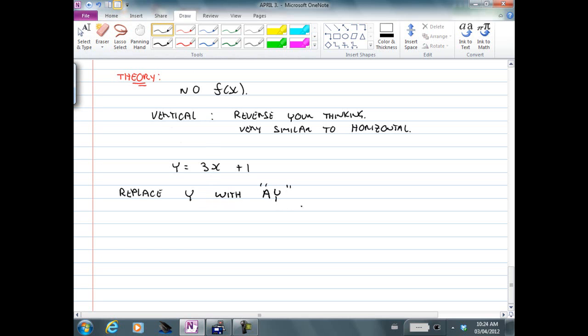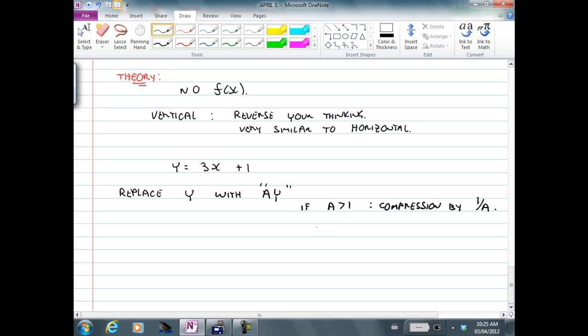If a, and this is where a lot of people are going to be confused, is greater than 1, this is a compression. Sorry? It's reverse. Compression by 1 over a. I'll explain it to you with numbers. It's easier to see with numbers.